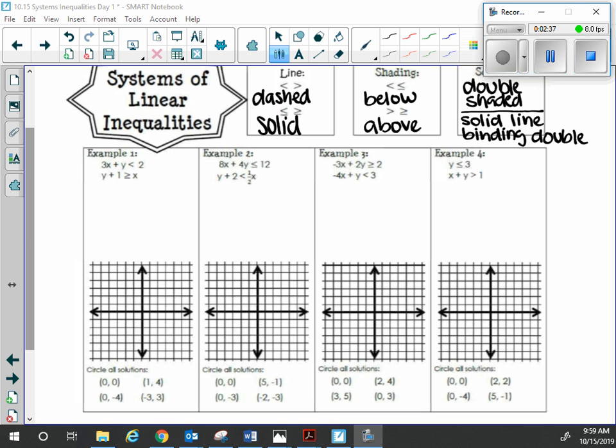Alright, so my two inequalities for example 1 are y is less than 2. Okay, and y is x minus 1. Good. Alright. Example 2, my first inequality turned into y is negative 2x plus 3.